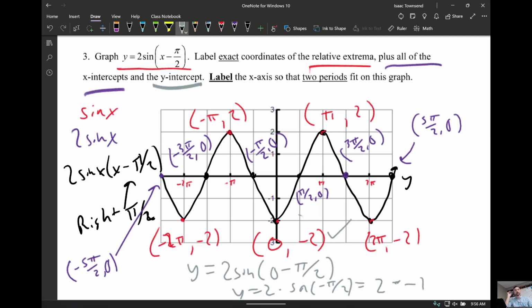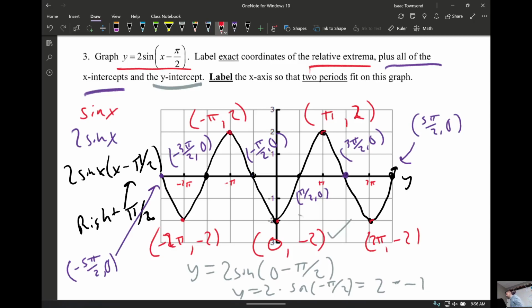And any of the others that you feel unsure about or want to feel more confident about your graph, you can check. Plug in the x value into the function, solve for y. If it doesn't match up with the y value, then something's wrong. I don't think I would check all of those points because that would take a while, but checking a couple of them would go a long way for your confidence.